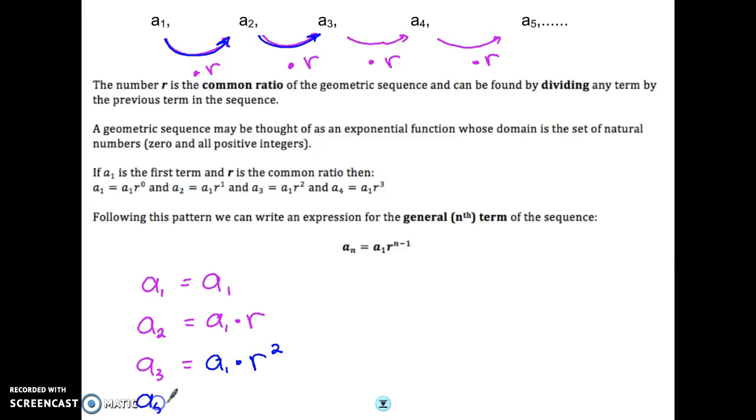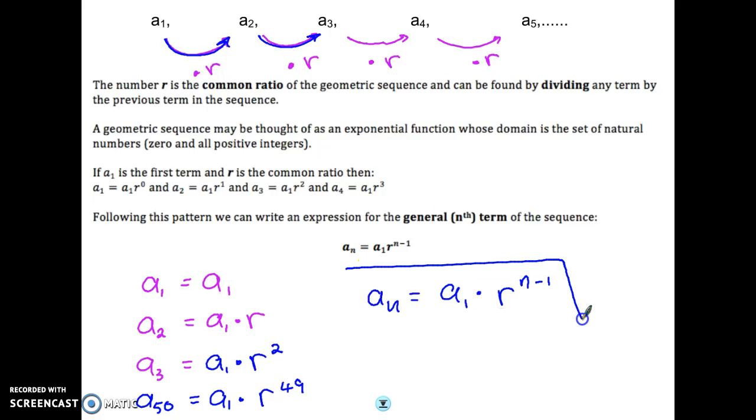To get to the 50th term, we have to start at the first term and multiply by the common ratio 49 times. And in general, if we wanted to get to the nth term, an, we'd start at the first term and we'd multiply by the common ratio n minus 1 times. And that right there is our explicit rule for a geometric sequence.